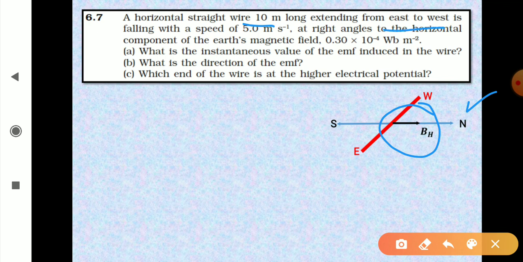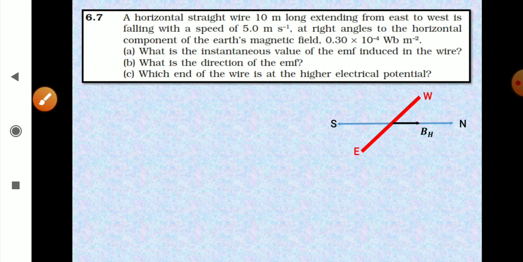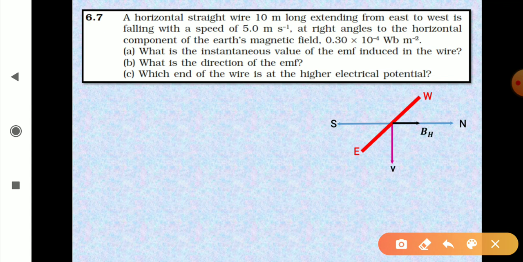So the wire is along east to west, and these directions are in the horizontal plane. Now this wire is falling vertically downwards here.